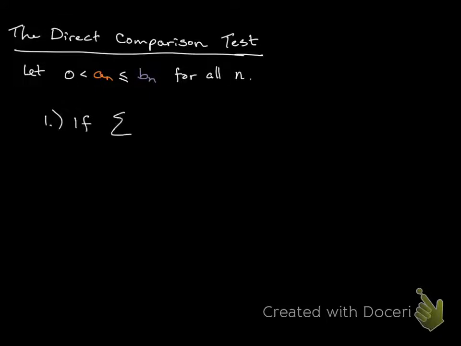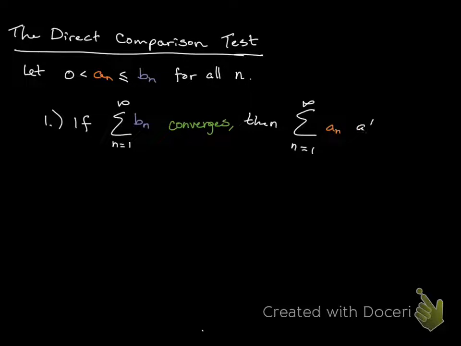Then I have two results. If the sum of b_n converges, if the larger series converges, then the smaller, the sum of a_n, should also converge. That's like saying I have a larger series that approaches some number, then any series of numbers that I add that are less than that should also converge, because I'm adding smaller things.